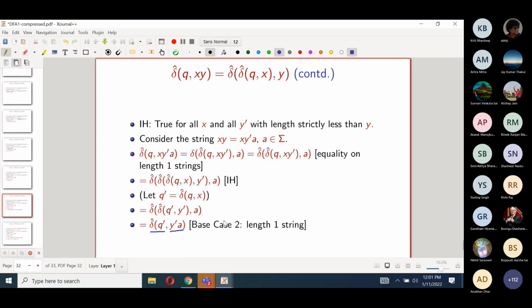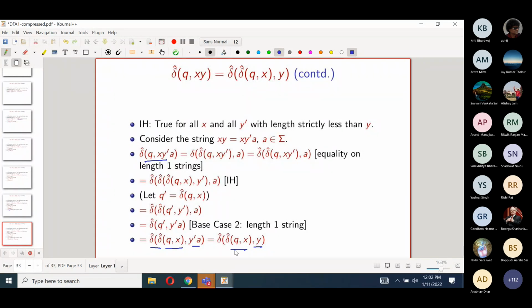So it's a length 1 string, and we are using base case 2, where we said no matter what your string x is, if the second half of the string is a singleton string, then right hand side is equal to left hand side. This will be the right hand side, this is the left hand side. Okay, so now you just replace q dash back, which gives you delta hat of delta hat qx comma y dash a, and y dash a now you write as y. So we started with the left hand side, ended with the right hand side.